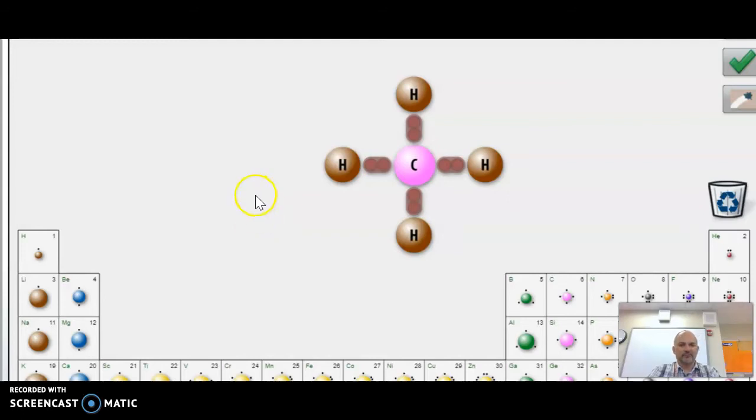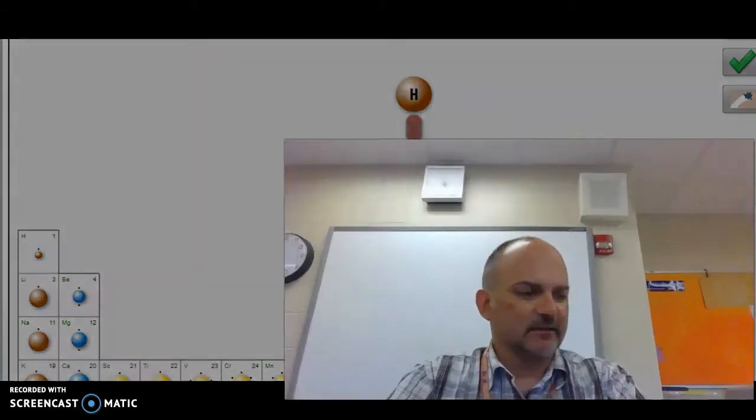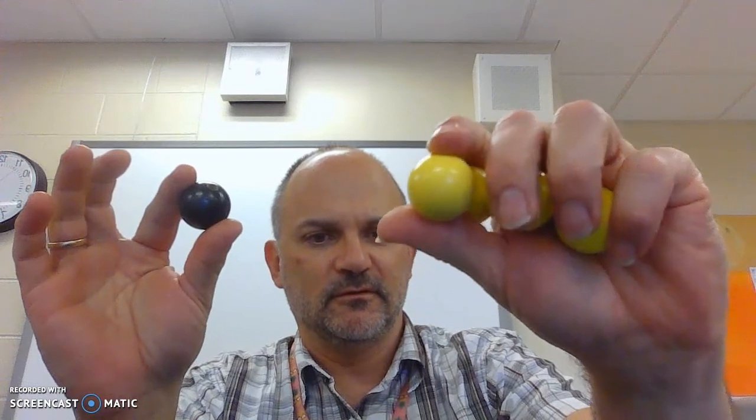So if I want to build that on my model kit, carbon again is black, hydrogen again is yellow, so I need 4 yellows, 2, 3, and 4. Okay, so I got 4 yellows, and I got 1 black. The black takes 4 bonds, so I'll put those 4 bonds in the black.